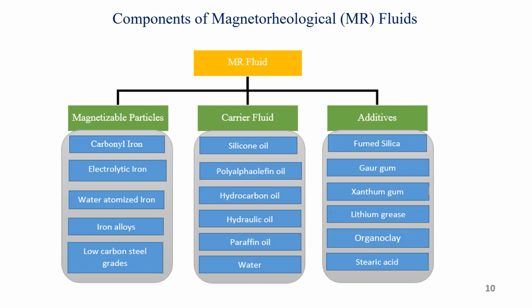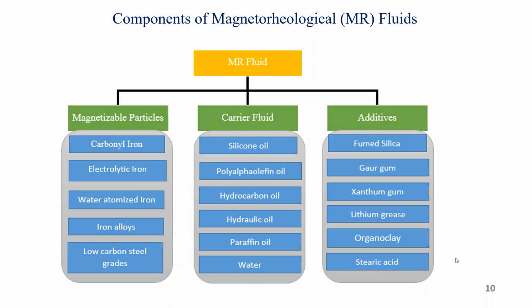This MR fluid is very easy to prepare. And some additives are to be added like fumed silica, guar gum, xanthan gum, lithium grease. These are some of the additives added to MR fluids to make them more acceptable for different applications.